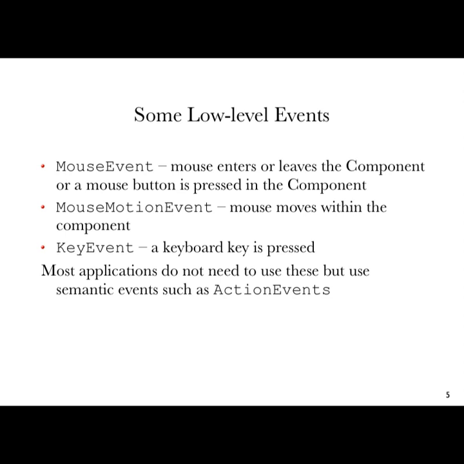In that case, you want to respond immediately to these keyboard events, so you'd use something like this key event. So in these situations, you're going to use these low-level events. But for the standard graphical user interface type thing, you're going to be typically using these higher-level semantic events.